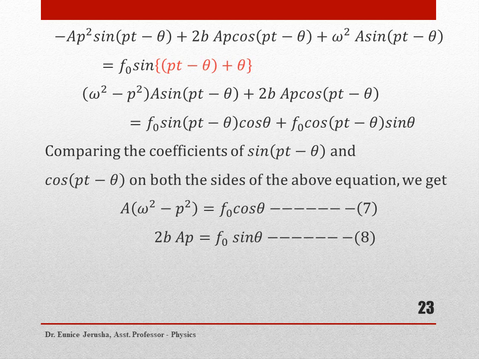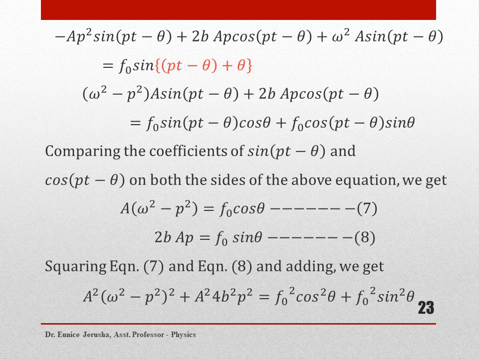Equation 7 is obtained on comparing the coefficients of sin(pt minus theta) on either side. It is a(omega square minus p square) equal to f naught cos theta, and comparison of the cos(pt minus theta) terms on either side gives us 2bap equals f naught sin theta.